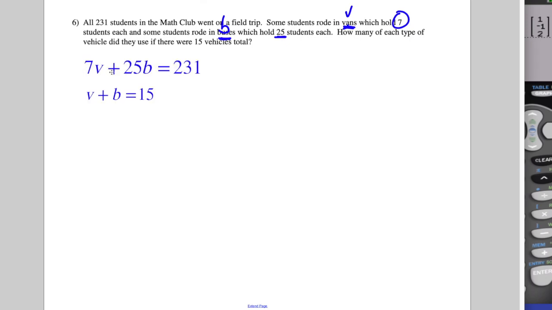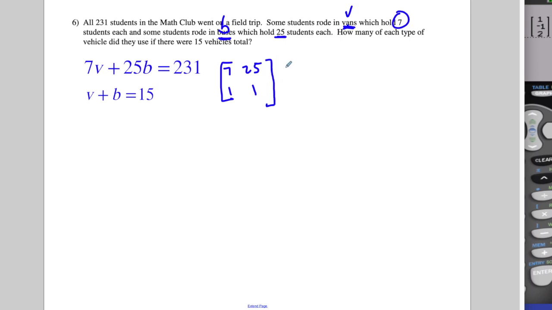And I'll show you what that looks like. See, 7V plus 25B equals 231. That's the amount of students. V plus B equals 15. That's the number of vehicles. Now, if I were to do this by hand, this is a 2 by 2. I would have my coefficients as 7, 25, 1, and 1.